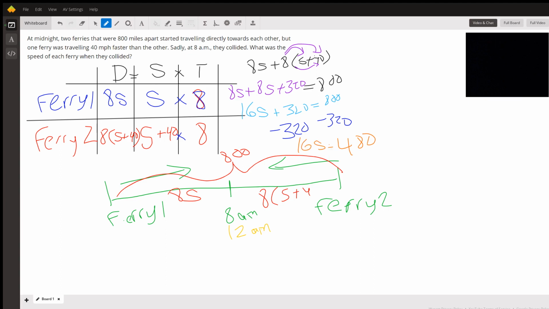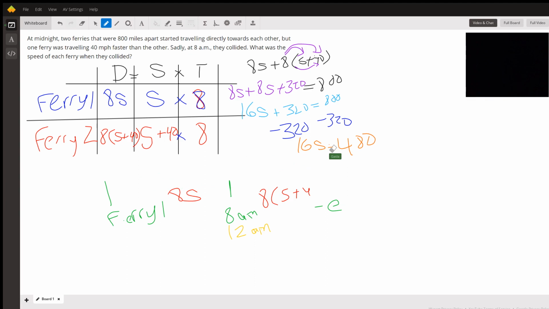Let me just clear up some space here for us to use. Okay, so now we are going to write our problem again. We did our 800 minus 320 and got 480, and we have our 16S on the side, which we carried over here.